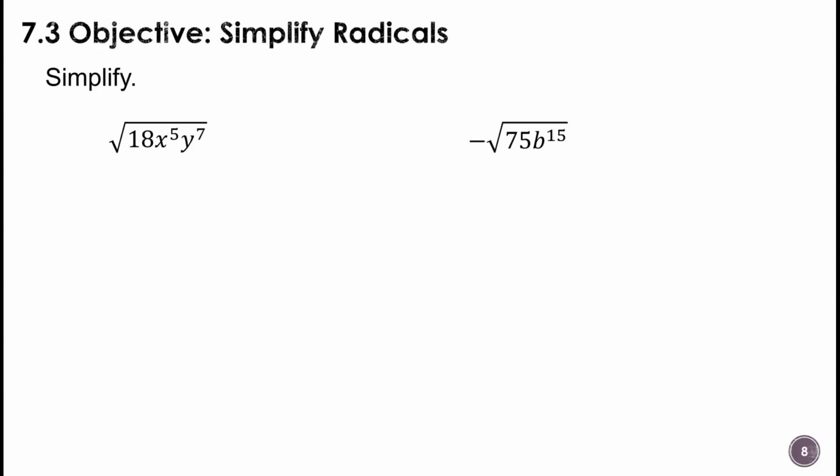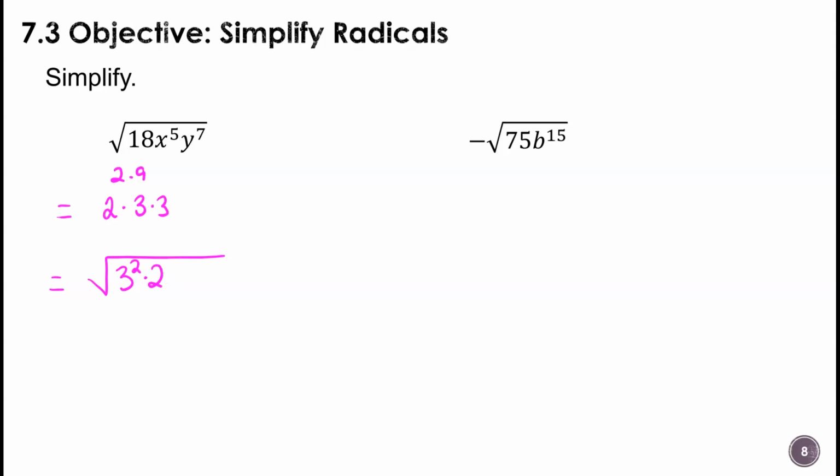Okay, so here are the next 2 questions. On the first one with the 18, we're going to factor the 18, which is 2 times 9. So that's 2 times 3 times 3, right? 2 times 9, and then I break that down further. Now this one happens to be a square root, which is 3 squared times 2.